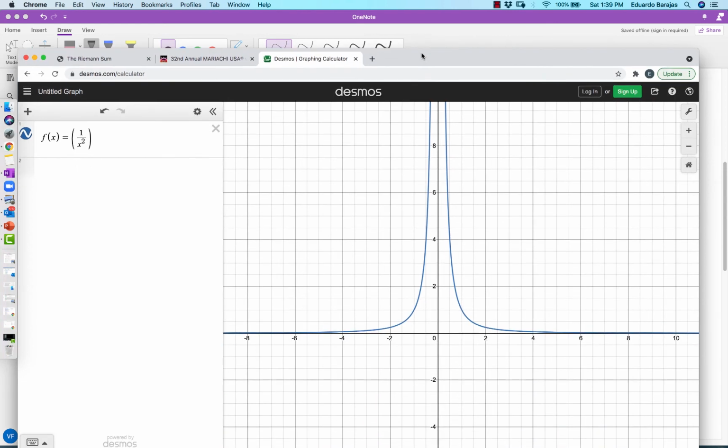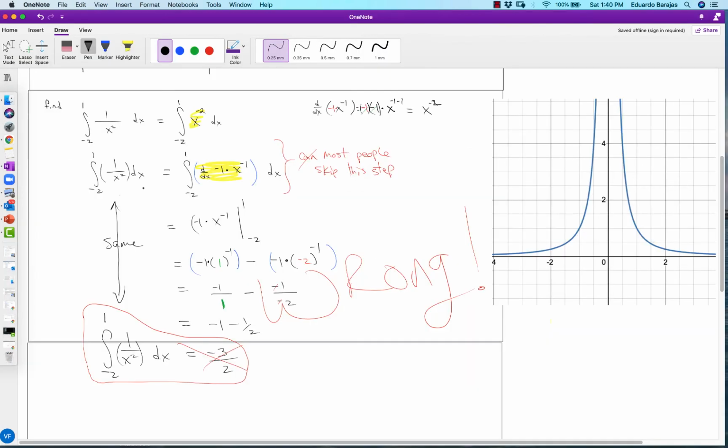So here is -2 all the way out to 1, somewhere right there. That's the area underneath this function above the x-axis. If we shade it in, okay, let me copy that. Okay, so the integral from -2 to +1 on the function 1 over x squared dx.